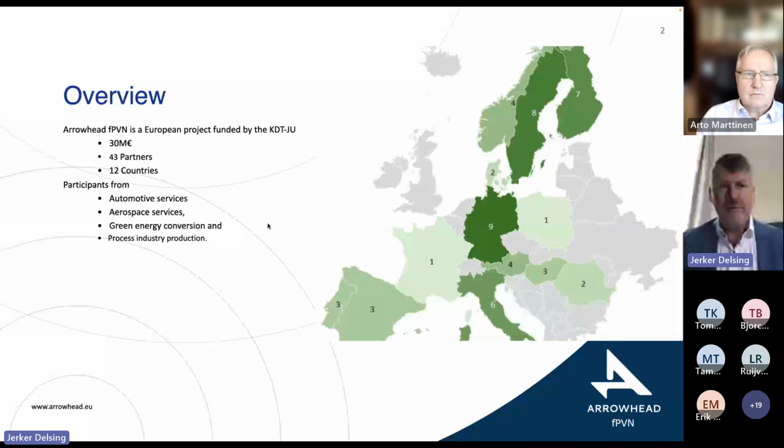There are 43 partners, 12 countries, and the map still reflects the countries involved when we submitted this. But now Poland has left due to non-national funding, and Germany is only one left, but it's an important player. It's Siemens.